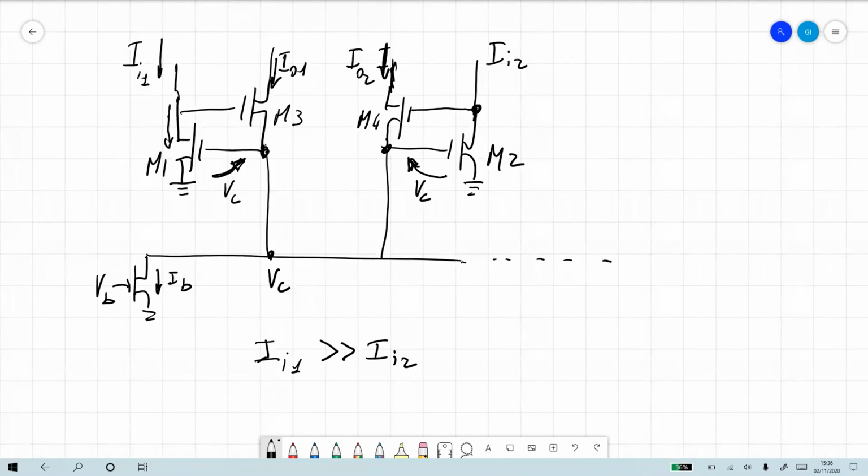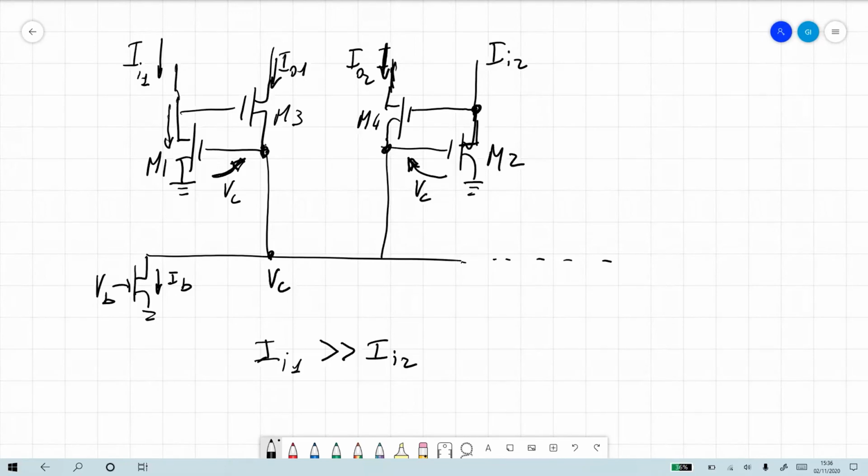M2 sees a very large gate to source voltage. In fact, it sees the same gate to source voltage of M1, which means that M2, if we were only looking at the gate to source voltage, would be trying to sink I in 1. But on the other hand, M2 can only sink I in 2, which is much smaller.